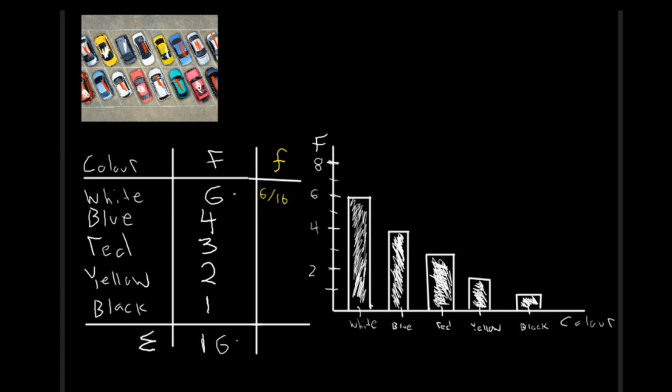and so our relative frequency would be 0.375. I don't have room to show that, so let's just update that to be 0.375. Carry on, 4 out of 16, well, that's going to be 0.25. 3 out of 16 is 0.1875. 2 out of 16, 0.125.